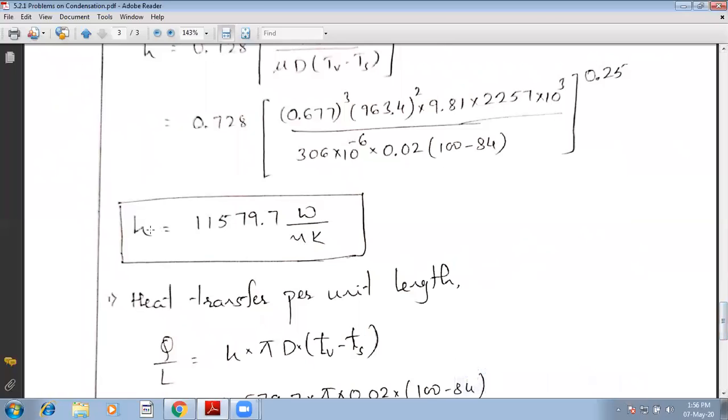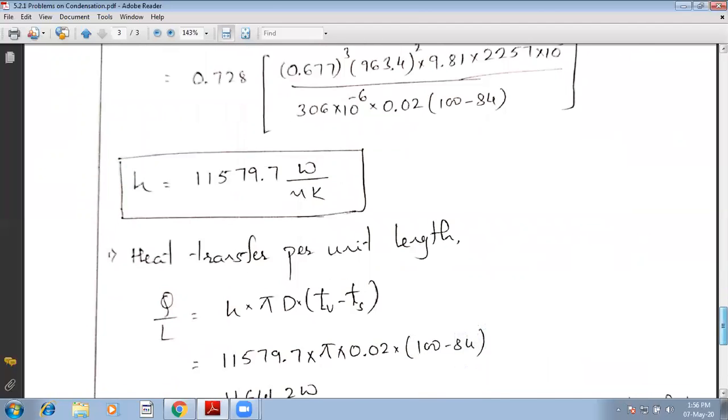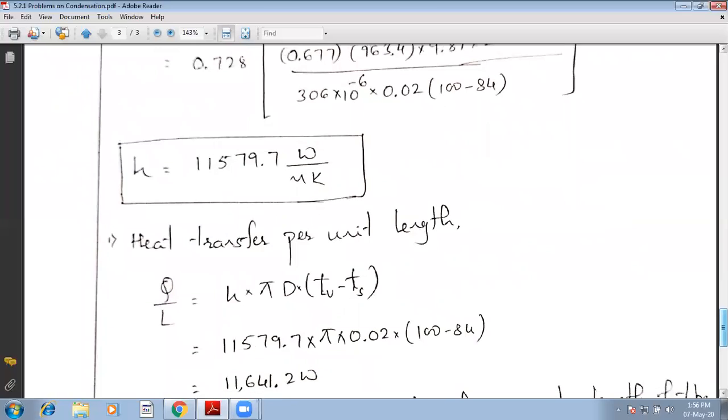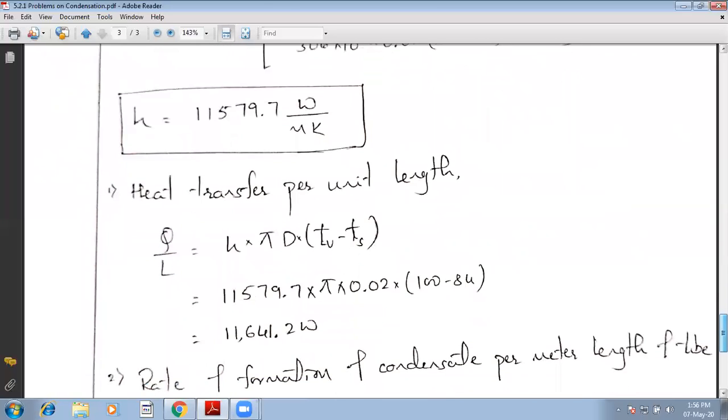Now this h is nothing but the average heat transfer coefficient. Now the question asked is the heat transfer per unit length. We need to take the condensate actually, but before that, we need to calculate the heat transfer per unit length.